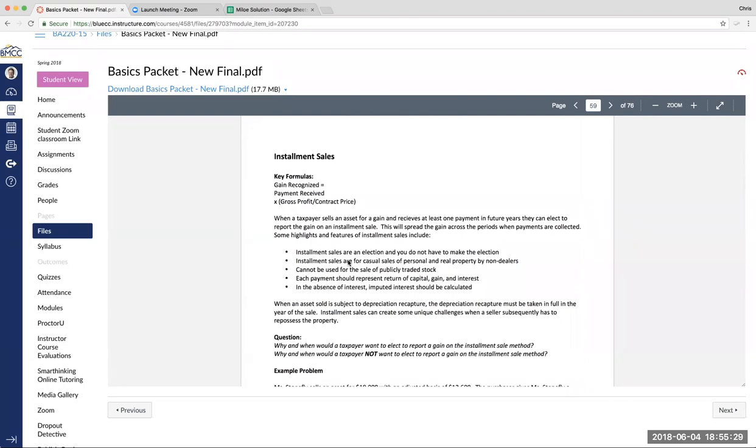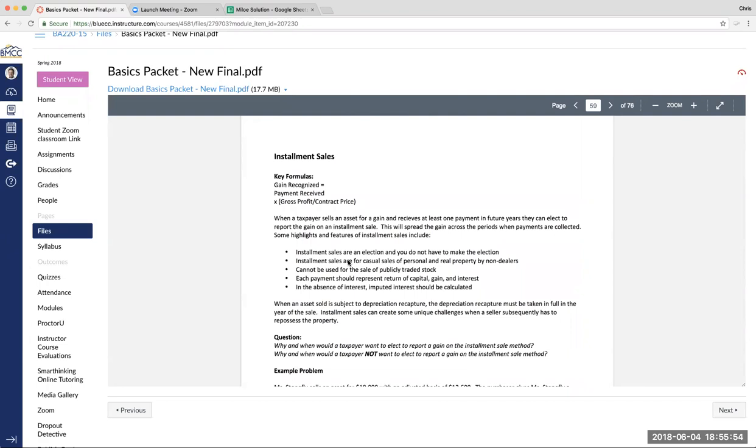You suffered from a hurricane, or eminent domain took your property and you got insurance proceeds, and that sort of forced you into a gain. But you're not really economically better off, because if you want to put yourself back in that same position, you have to spend all the cash, at which point you no longer have the cash available to you to pay the tax.